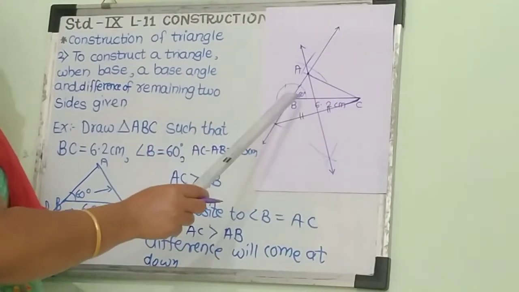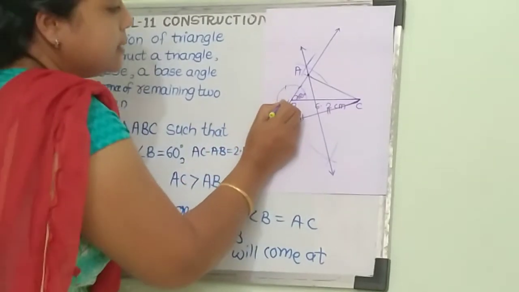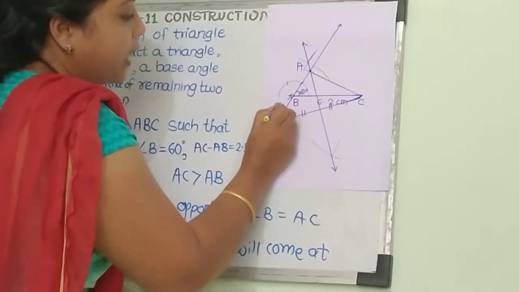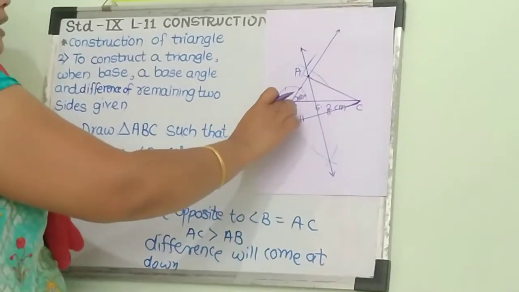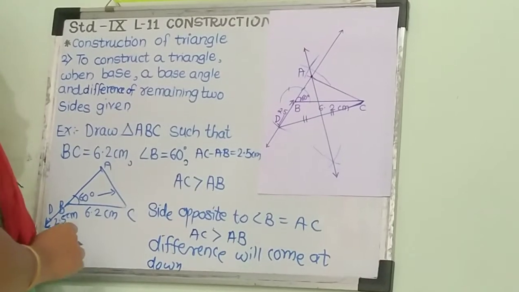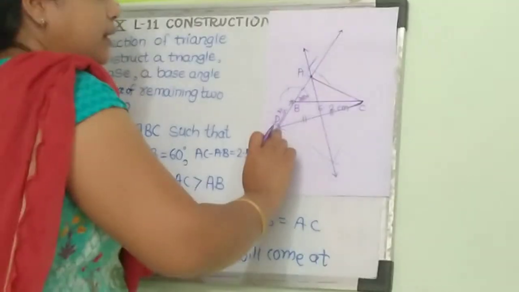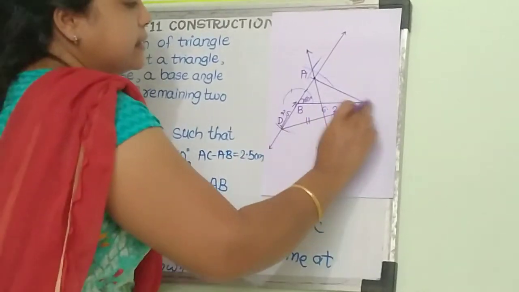After that, we take the distance 2.5 in our compass and mark the arc down. That mark point is D, and we join DC.